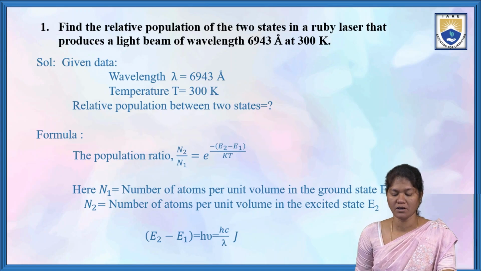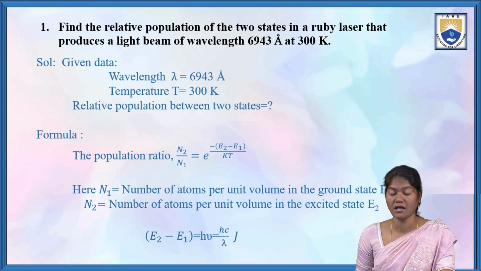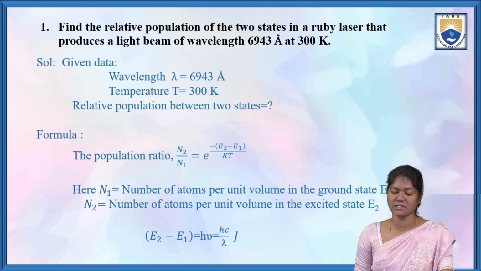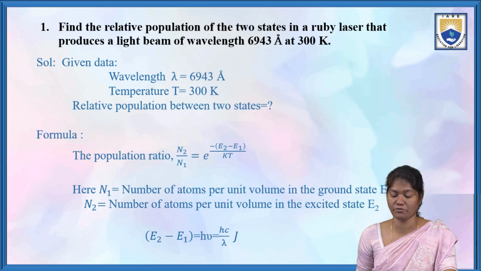The problem: find the relative population of the two states in a ruby laser that produces a light beam of wavelength 6943 angstroms at 300 degree Kelvin. So this is the problem. First we will write the data given in the problem.